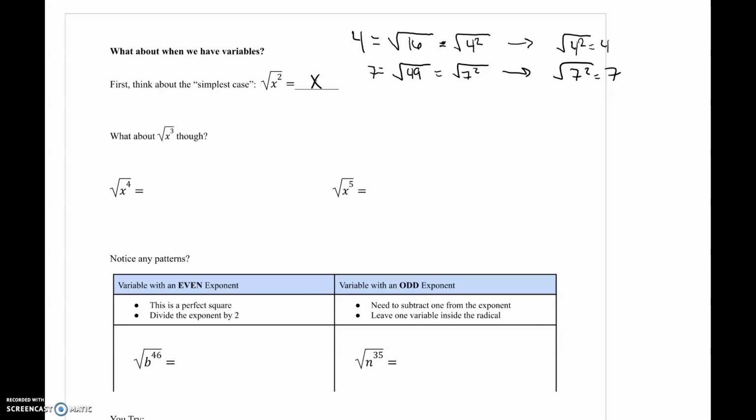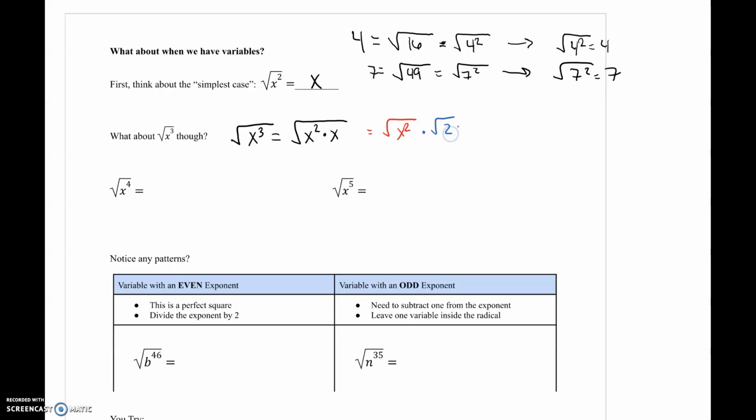If we think about what we were doing with the numbers, we can break down x to the third into a perfect square part. X to the third, if we remember our exponent rules, can be split up into x squared times x to the first. And just like we were doing with numbers, we can break this up into two square roots.